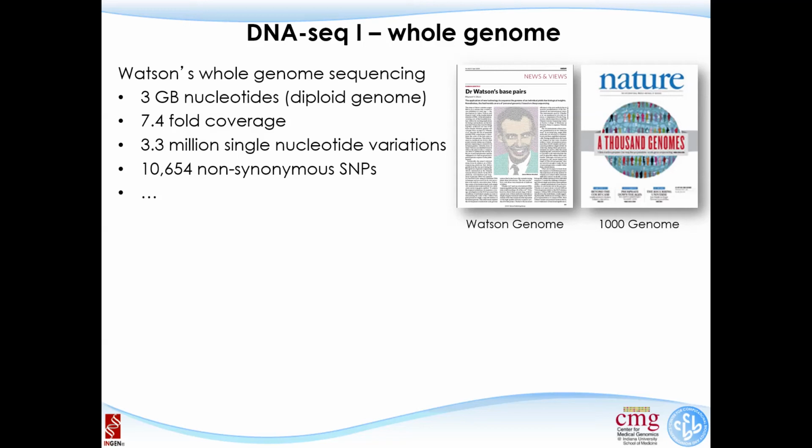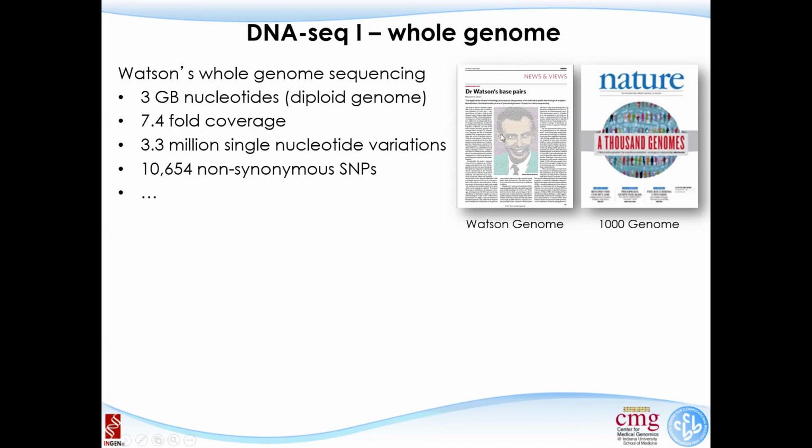In terms of DNA sequencing, the first scope is to sequence whole genomes. We know that in our DNA, we have 3 billion letters. This picture shows work published in Nature in 2008.